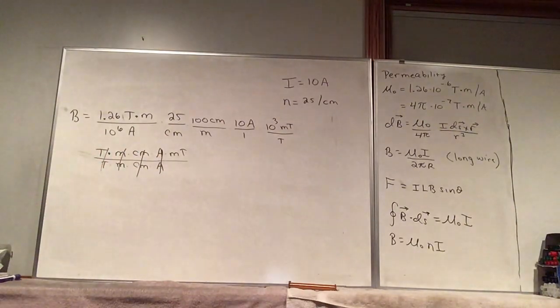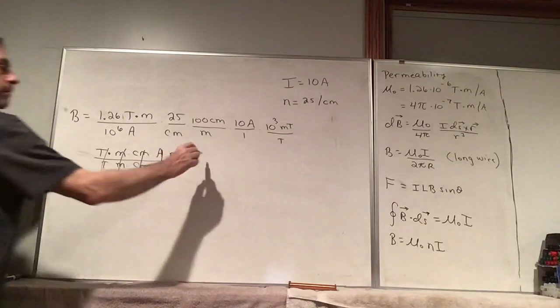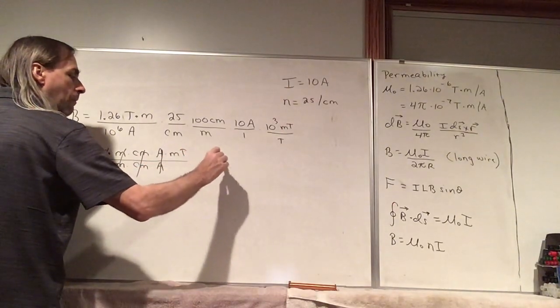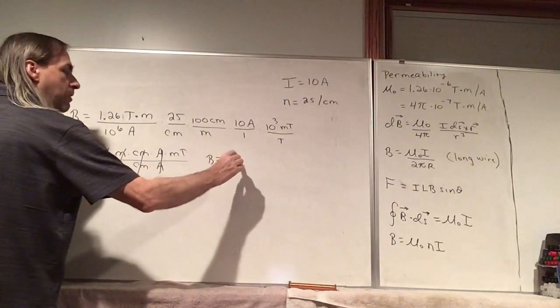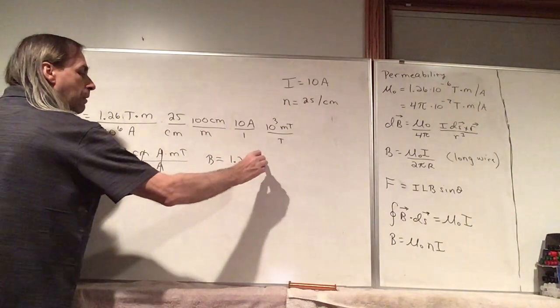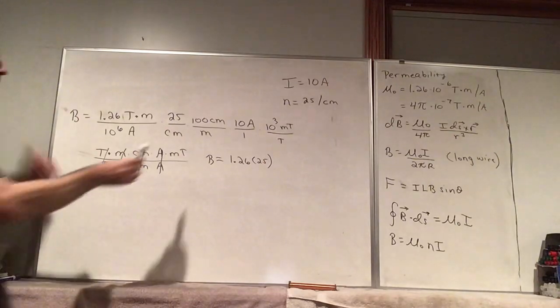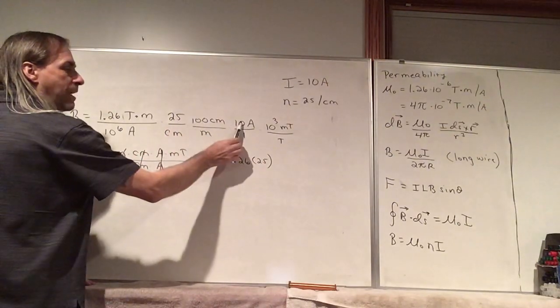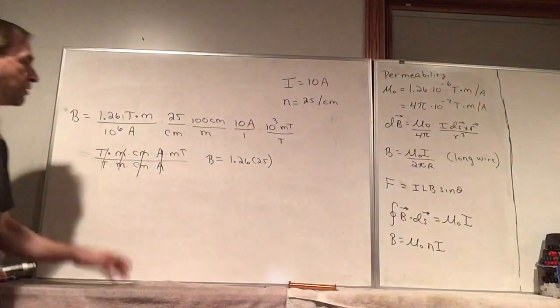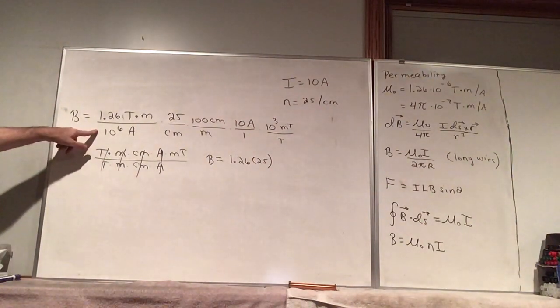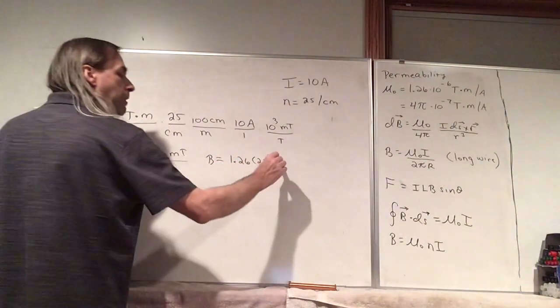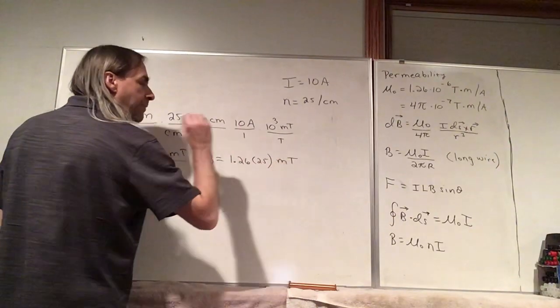So we'll get a magnetic field in milliteslas. So we have 1.26 times 25. And then here we have 100 times 10 is 1,000 times 1,000 is 10 to the 6. So we're done. That cancels out the 10 to the 6 on the bottom.